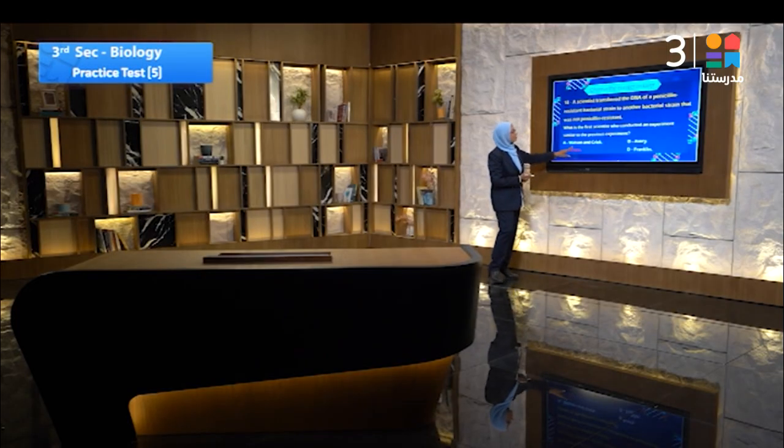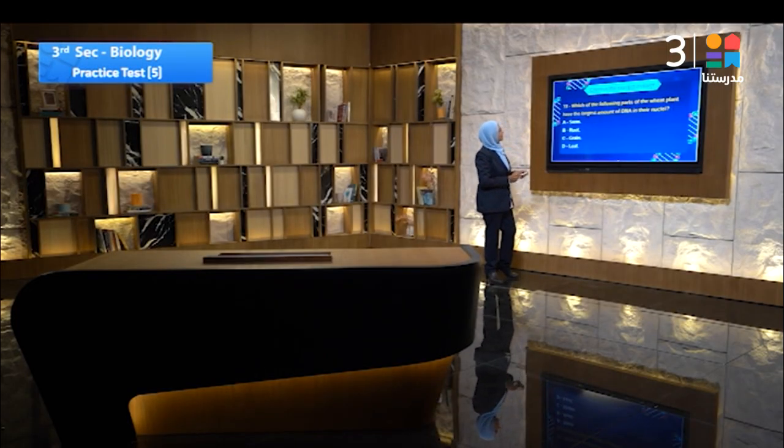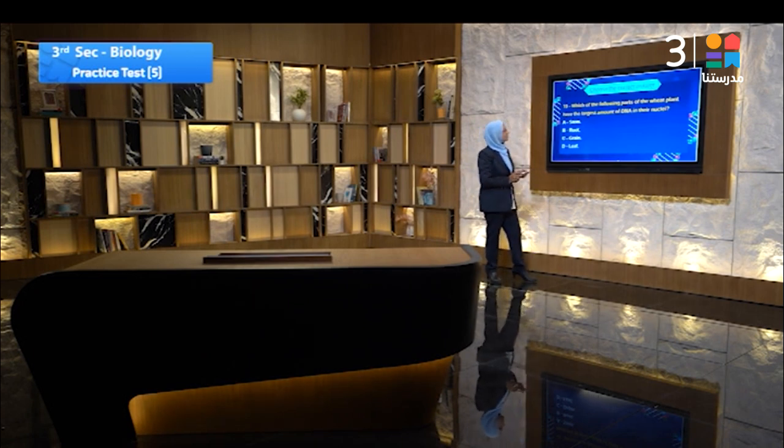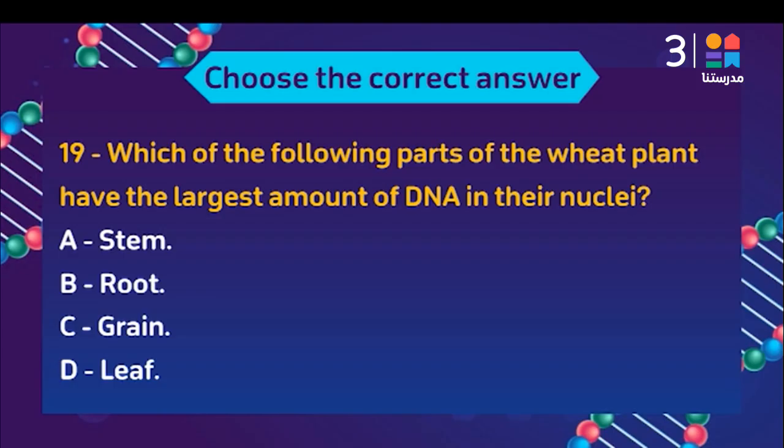Let's go to question number 19. Question number 19 speaks about DNA again, but the amount of DNA found here. Let's read the question. Which of the following parts of the wheat plant has the largest amount of DNA in its nuclei? Is the DNA different from one part to another?